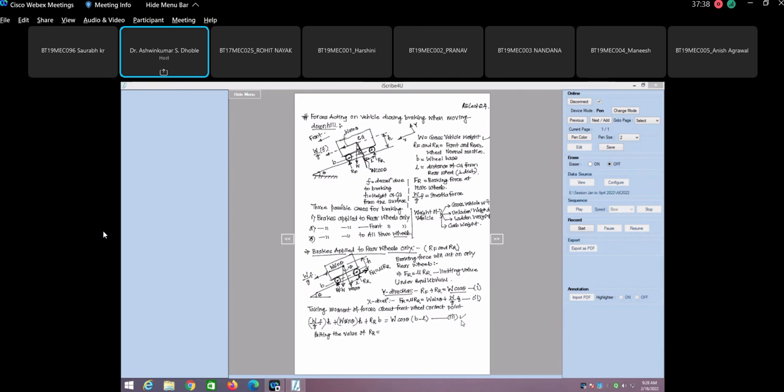So putting the value of Rr is equal to W sin of theta by mu plus W by G in bracket F by mu, from equation 2 in equation 3. That is, we have to substitute this value here, sir. If you substitute this value, I will write down the equation that we get.